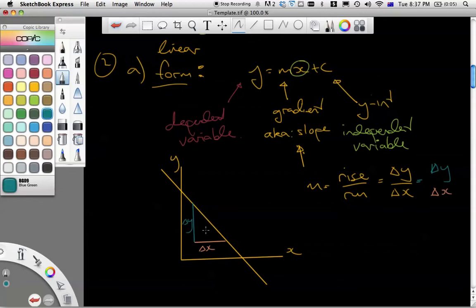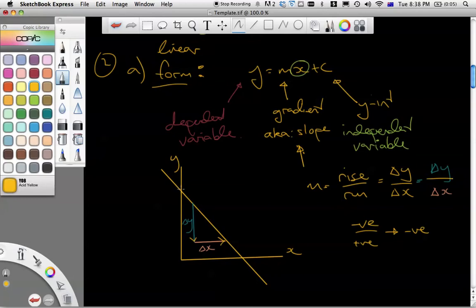Okay, so in this case, it's going to be a negative number. The change in y, as we're going down, and then our change in x is going to be a positive number. So we're going to have a negative over a positive, which will give us a negative. So we have a negative slope.